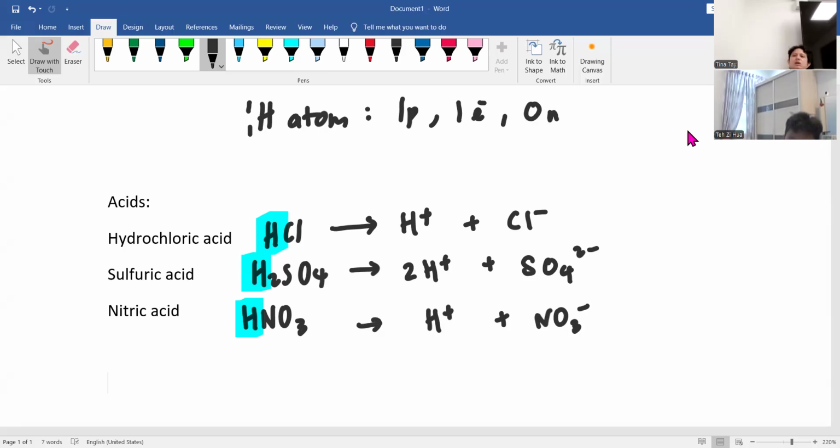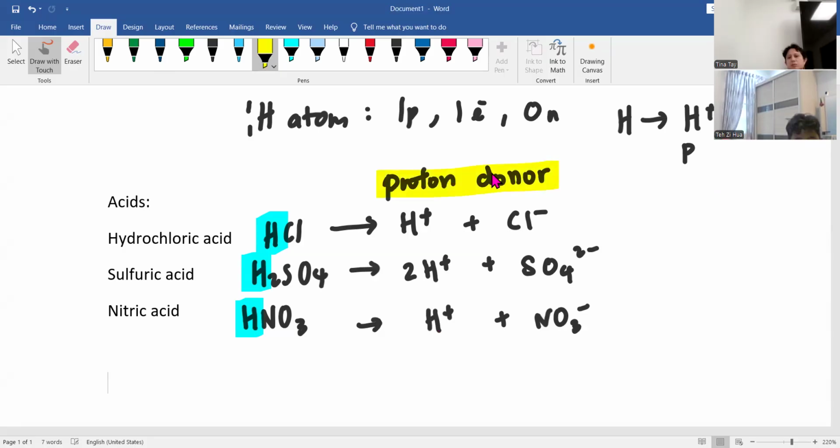So what happens is, if this hydrogen releases one electron to form a hydrogen ion, then what is left in the hydrogen ion? Only a proton. So therefore, the definition of an acid is a proton donor, because it donates the proton. Who is the proton? The hydrogen ion.